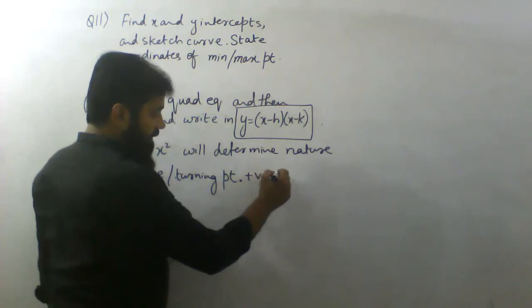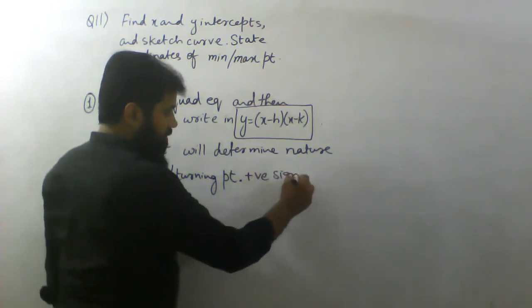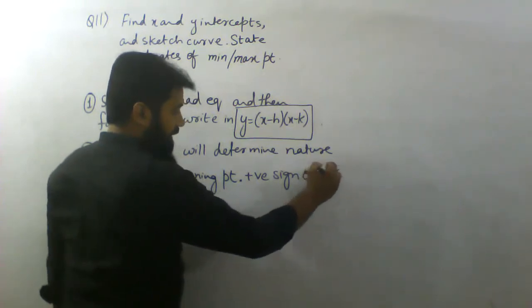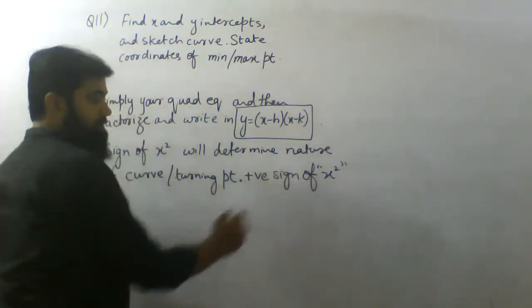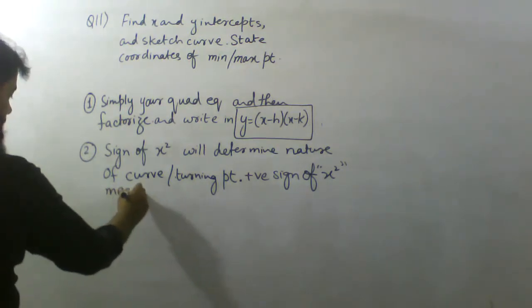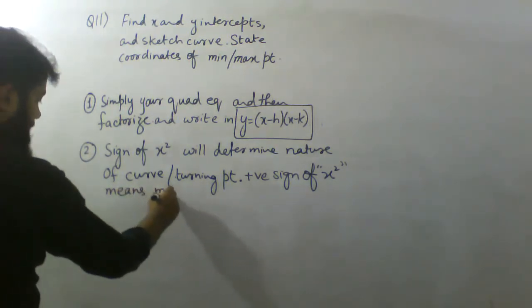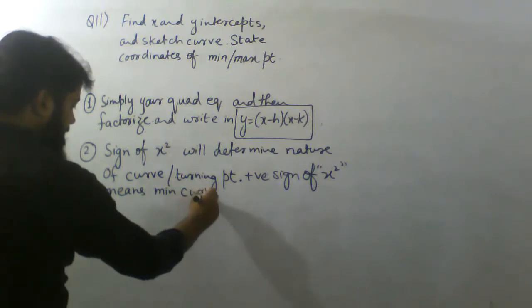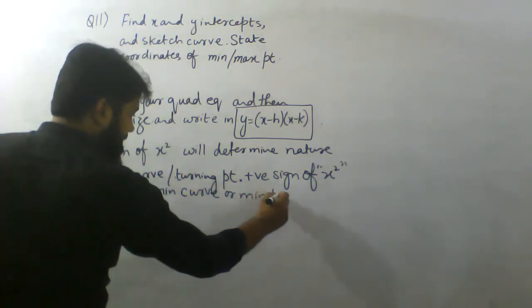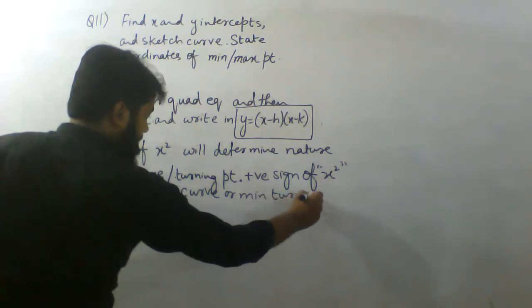If x square has a positive sign, then it means we are having a minimum curve or minimum turning point.